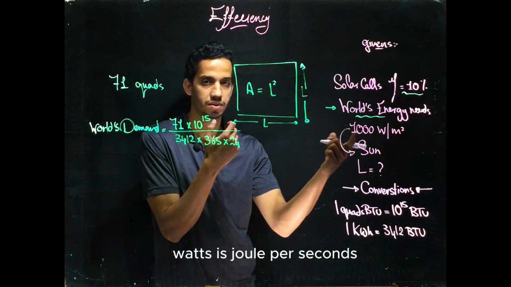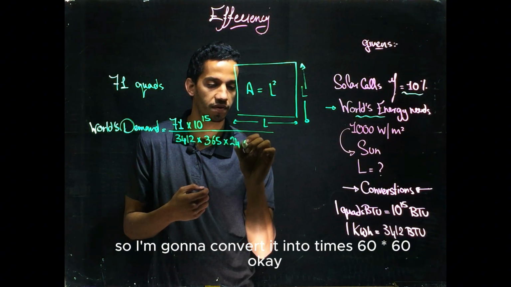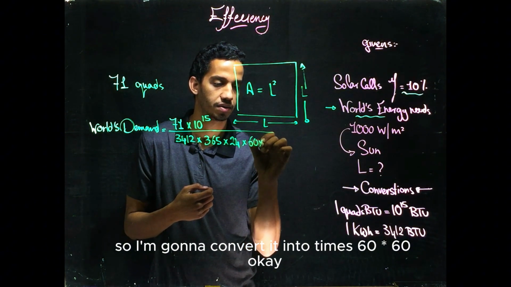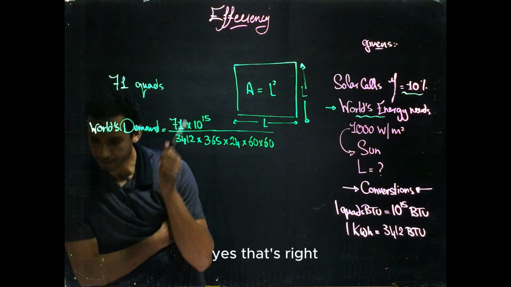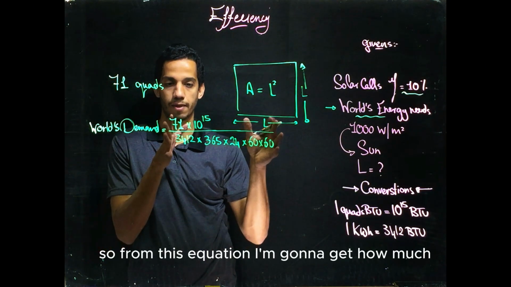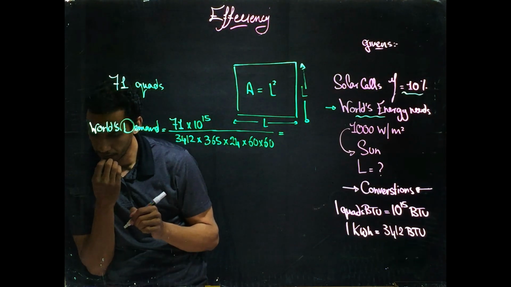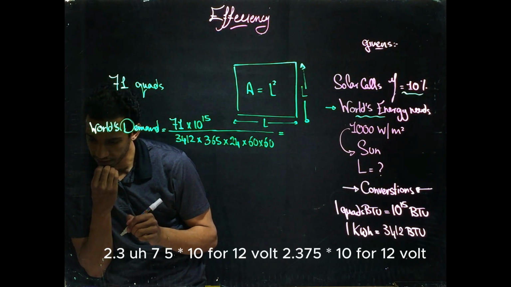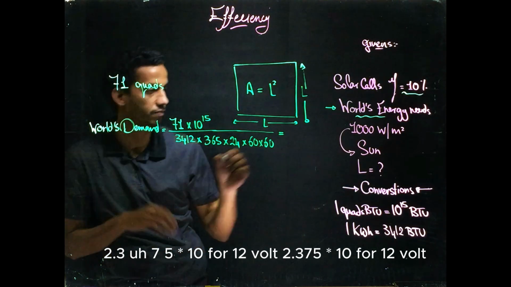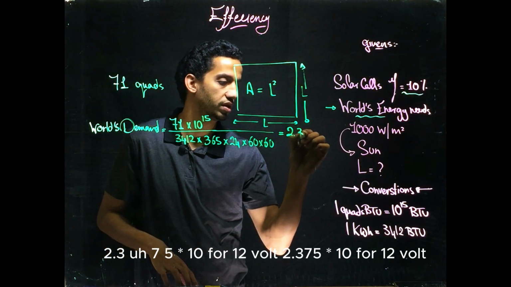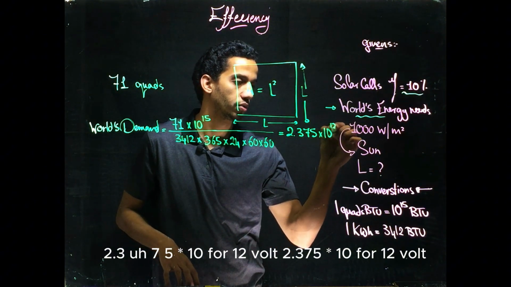No, watts is joules per second, so I'm going to convert it by multiplying by 60 times 60. Is this calculation right? Yes, that's right. From this equation I get 2.375 times 10 power 12 watts.